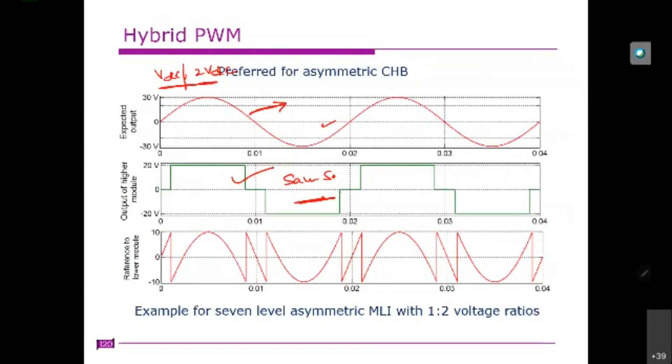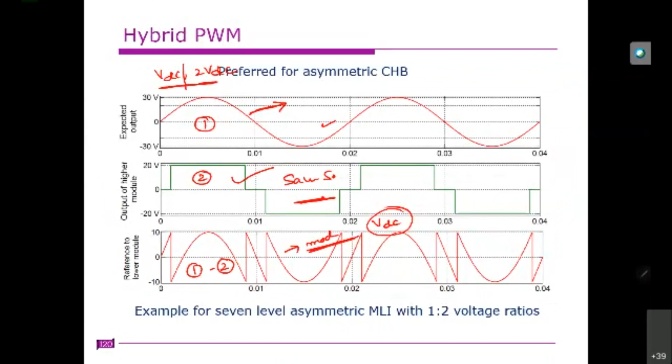So whatever the remaining is there, right? The remaining is, this is 1, this is 2, right? And this waveform is 1 minus 2. That means this will be the modulating signal for the lower H bridge, or the VDC H bridge. Clear? So this is the modulating signal for the H bridge having the lower voltage.